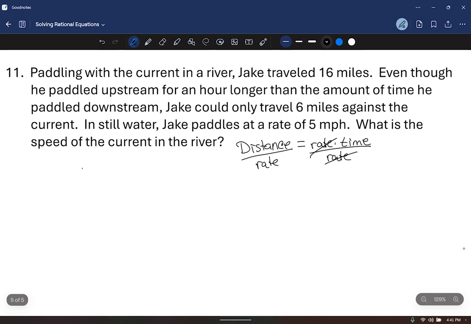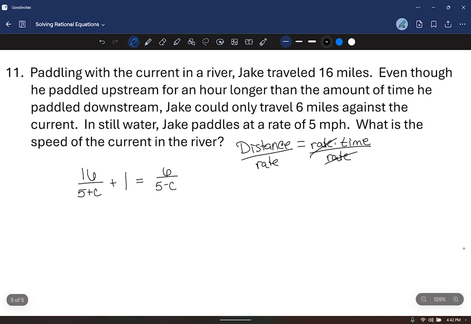Well, I know that he traveled 16 miles at a rate of, still water would be 5, and he's going with the current, so we're going to add the river's current to that. So 16 over 5 plus c. Plus, he spent an hour longer than he did going downstream, and that is equal to his amount going upstream. So he went 6 miles, and it would be 5 miles an hour in still water minus the current.